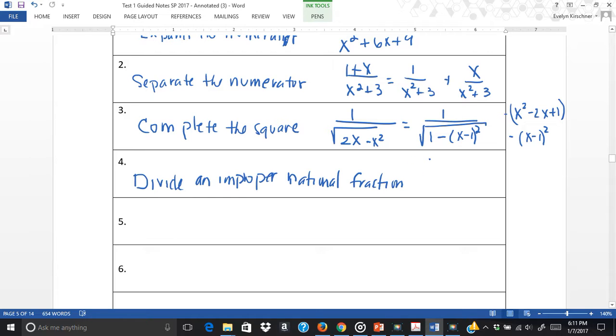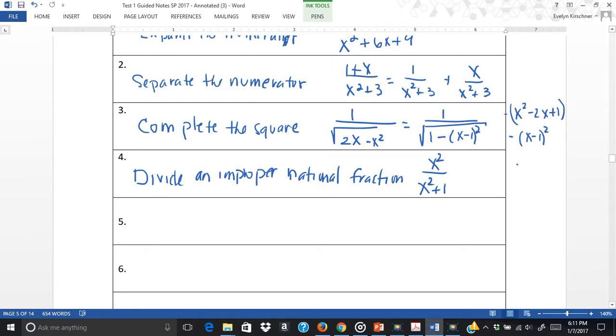So an example would be if I had x squared over (x squared plus 1), I would divide x squared plus 1 into x squared, and I would get 1, plus 0x plus 0, and if I subtract this x squared plus 1, I would get minus 1, so this would be the same as 1 minus 1 over (x squared plus 1), and maybe I could do something with that.